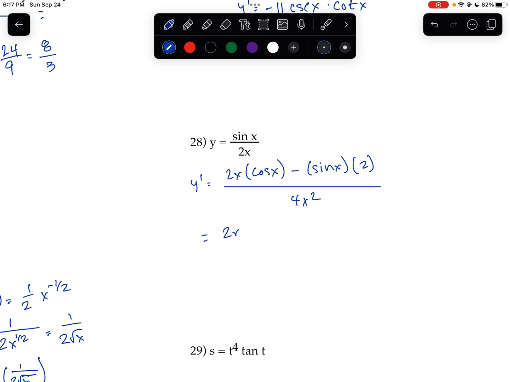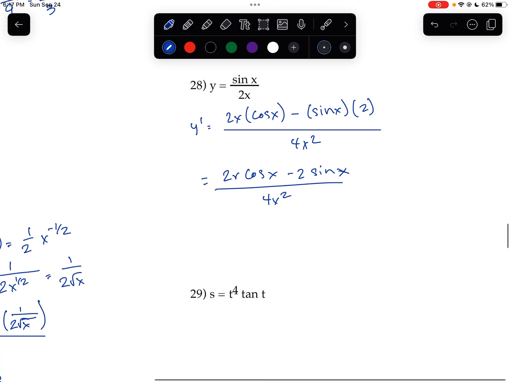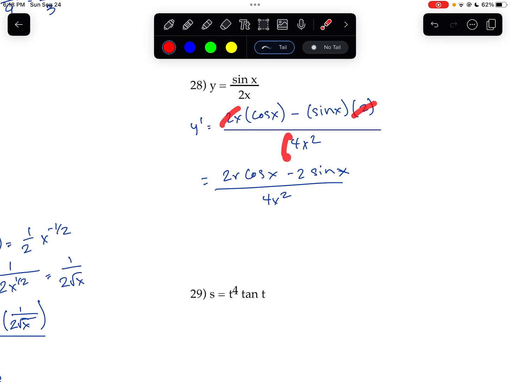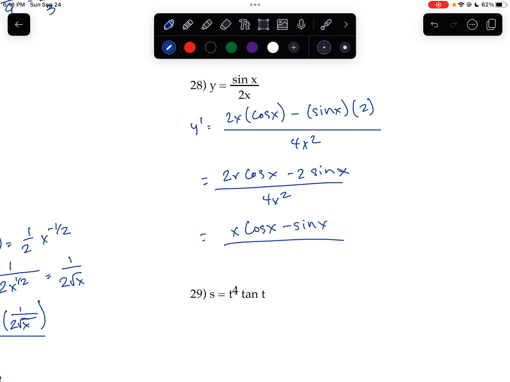That's just going to be 2x cosine of x minus 2 sine of x. You can divide out a 2, so those 2's can be gone, and that would become 2. So at the very least, you have x times cosine of x minus sine of x divided by 2x squared.